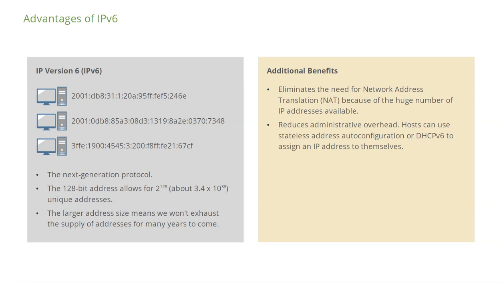Hosts can use Stateless Address Auto-Configuration, or DHCPv6, to assign an IP address to themselves. It supports greater levels of security by integrating features that were optional add-ons in IPv4. IPv6 also makes processing more efficient in a number of ways. You'll understand how this is achieved as we look at the changes in frame format between IPv4 and IPv6.